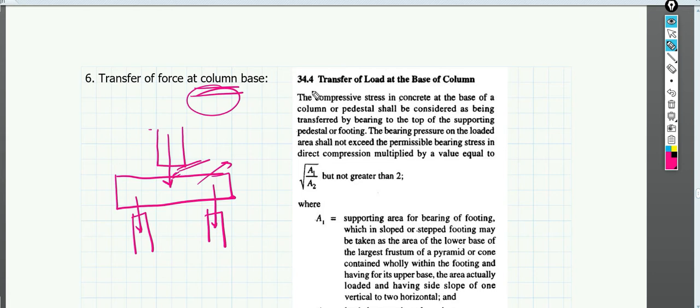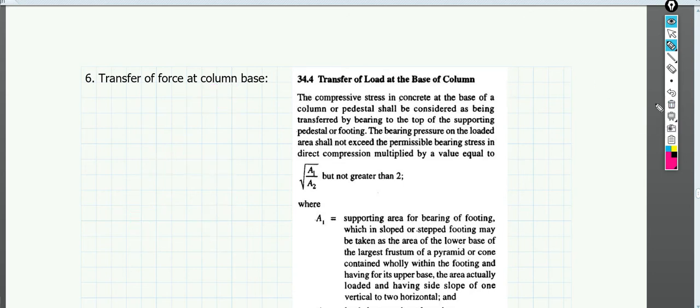We have already considered this particular clause while we were designing the isolated footing as well. In that case also we considered clause number 34.4, the transfer of load at the base of the column.